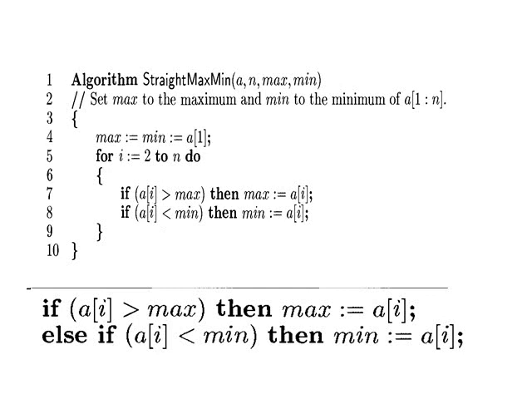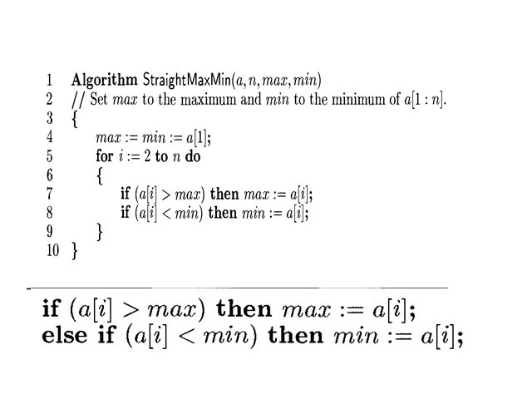We can reduce it to one comparison inside the for loop by altering this as below. That is, if the value is maximum, don't check for the minimum. If a value is maximum, it cannot be minimum. So if a of i is greater than max, then assign max is equal to a of i. If it is not maximum, then only check for the minimum.